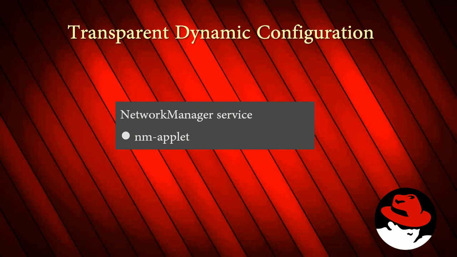When you take that first trip to the coffee shop on Main and boot your laptop, you interact with the NM applet, that is the network manager service, to specify the wireless settings, the wireless network and security key, which will be automatically remembered for your next trip. This is the use of transparent dynamic configuration. The NM applet could be configured.